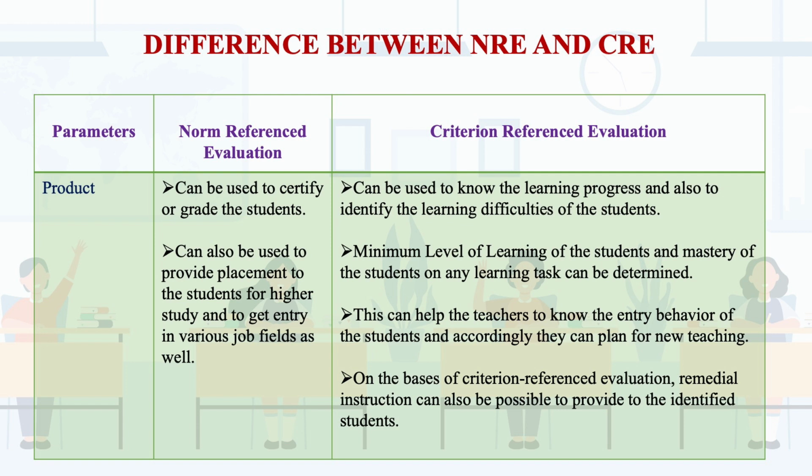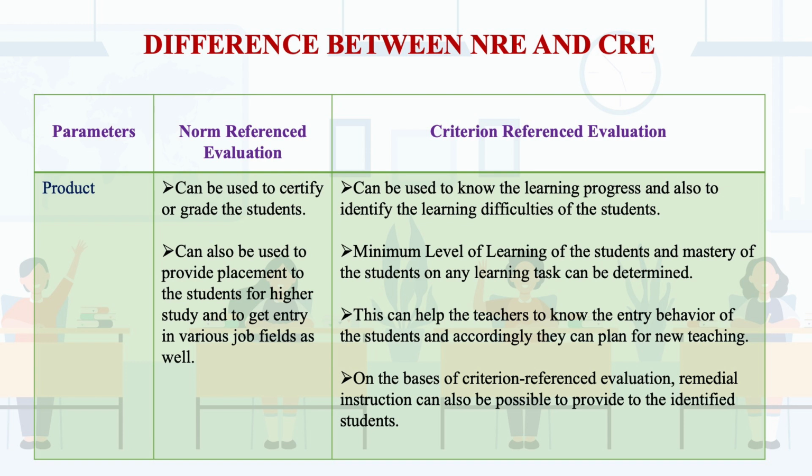But in a criterion reference test, it can be used to know the learning progress and also to identify learning difficulties of the learner, whether the learning progress is happening properly or not, and whether the students are getting any difficulties. And the students' difficulties are identified by using the diagnostic remedial test.